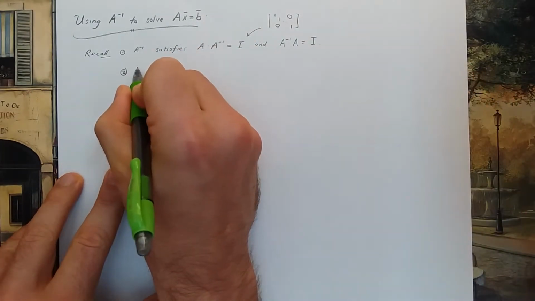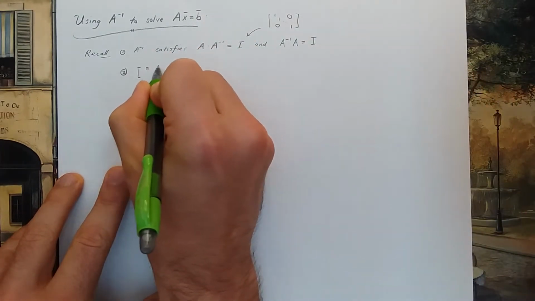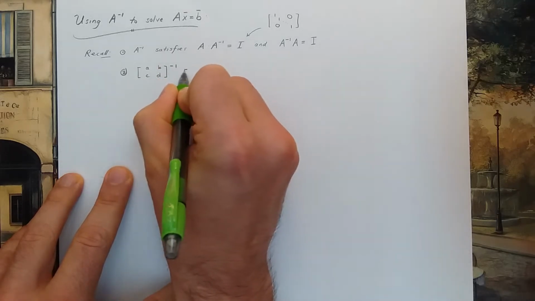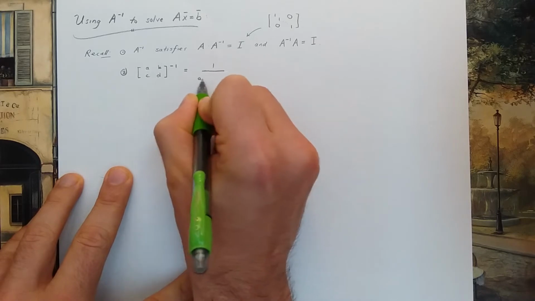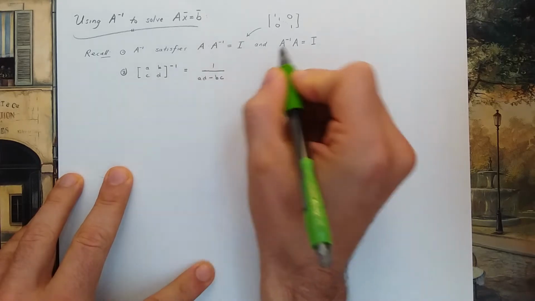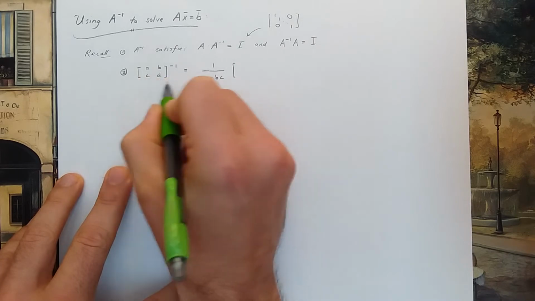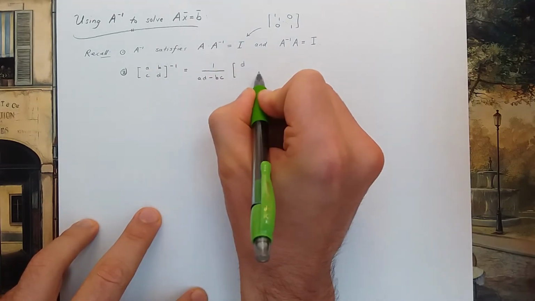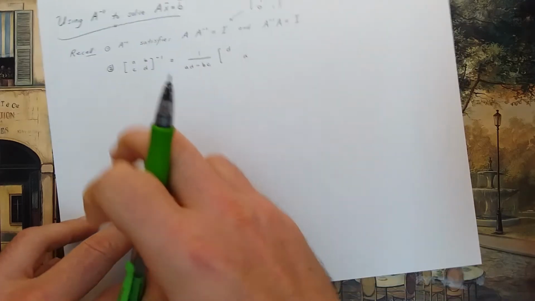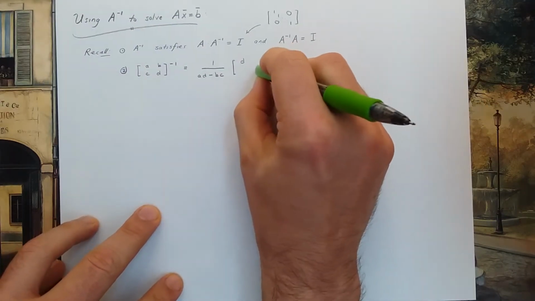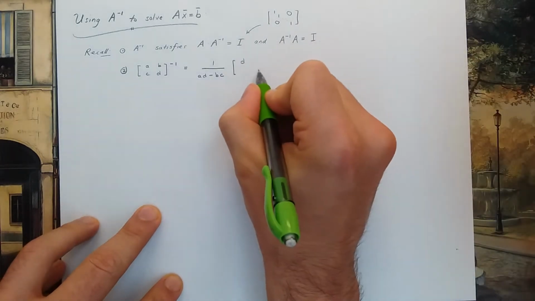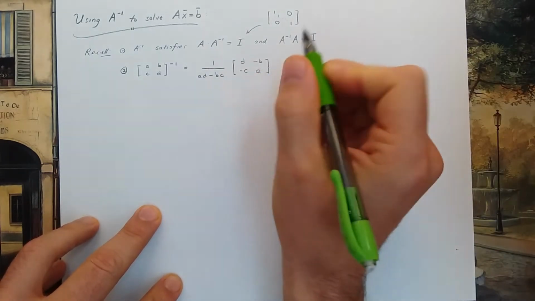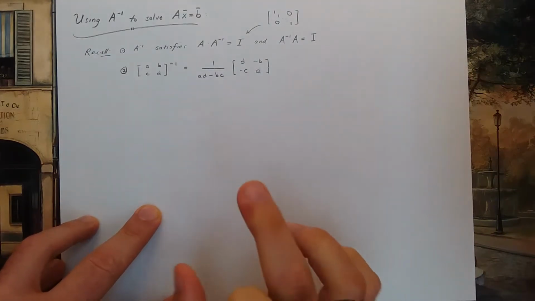If we have a 2 by 2 matrix with entries A, B, C, D, then the inverse matrix is given by 1 over AD minus BC times the matrix that you find by switching the diagonal elements, so D, A, and then negating the off-diagonal elements, so negative B, negative C. Now, of course, this only works if you're not dividing by 0.